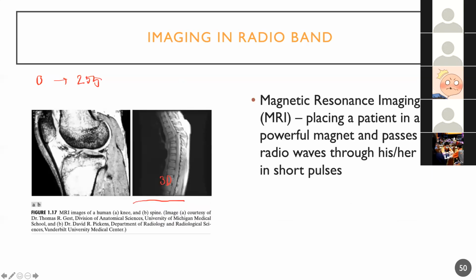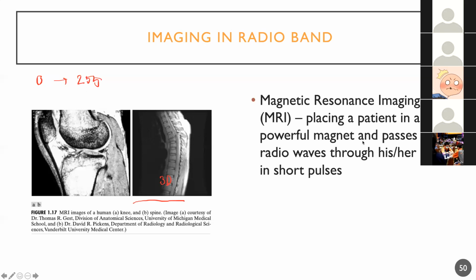I think the radio band is the last band, the lowest frequency. In medicine, we use imaging in the radio band as well. We call it MRI scan, or magnetic resonance imaging. Technically, they place a patient in a powerful magnet, and then they pass radio waves through the body in short pulses.